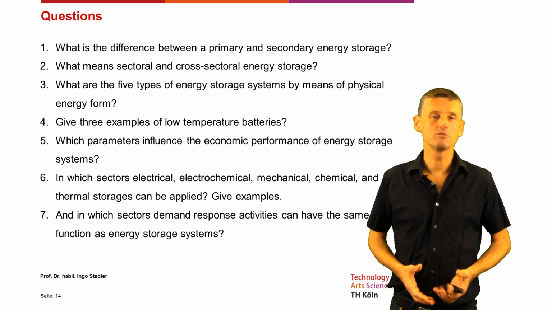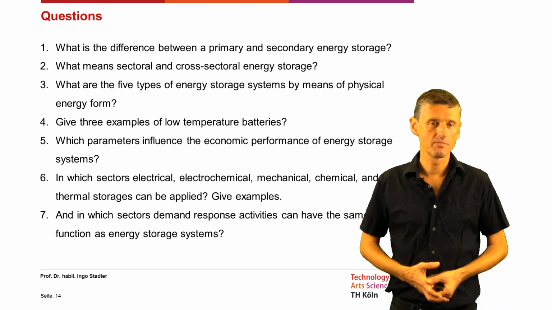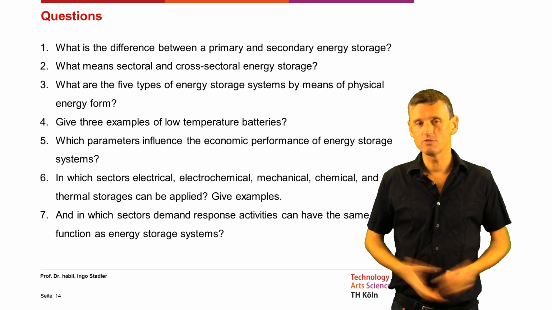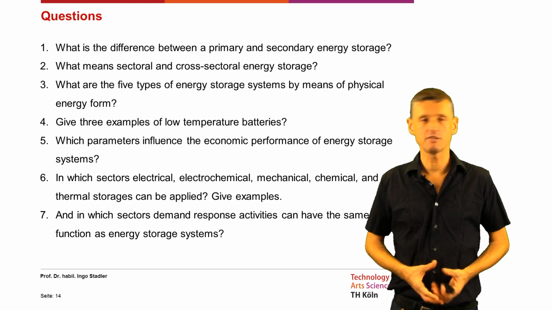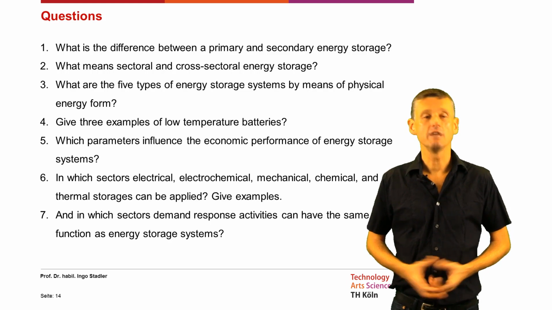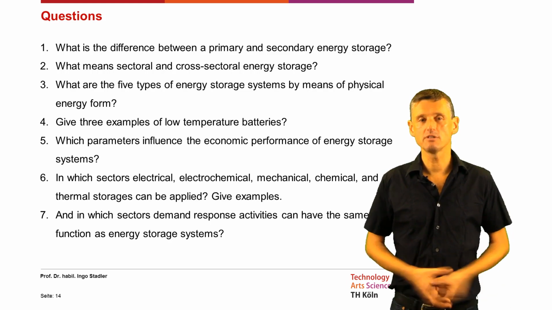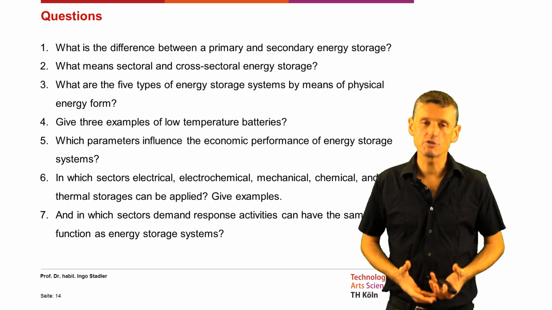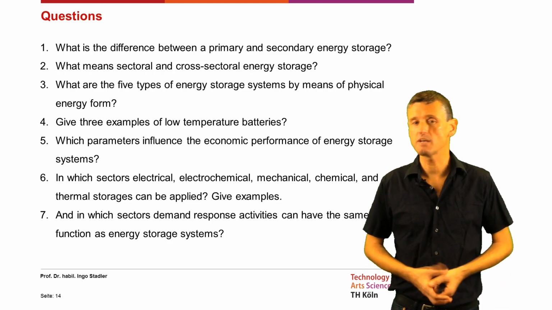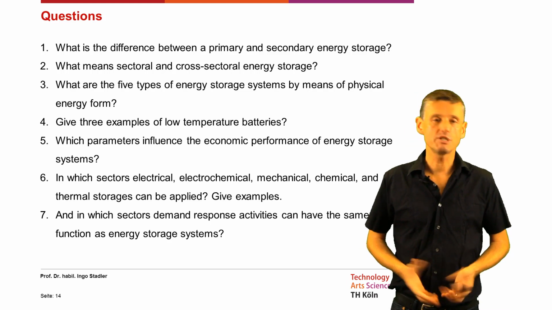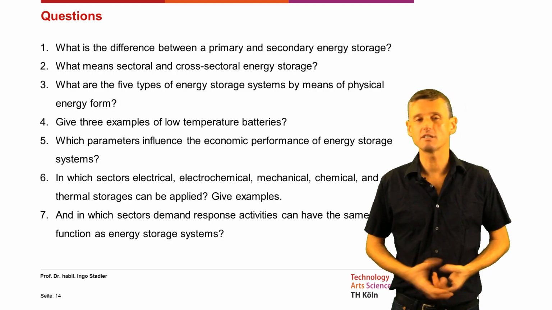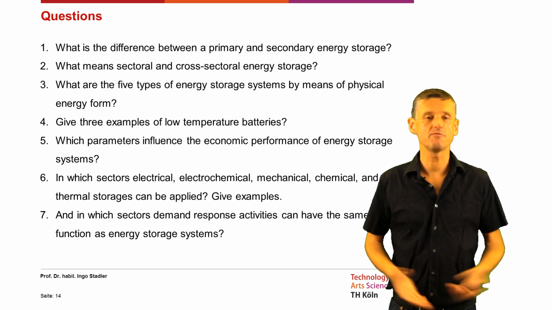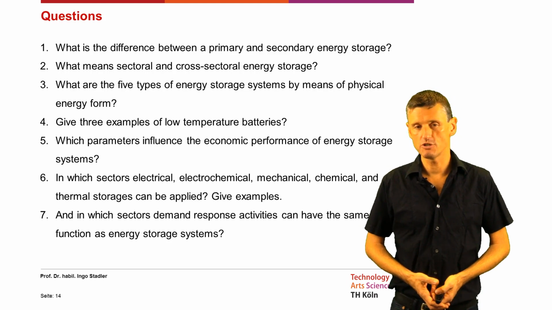Give 3 examples of low temperature batteries. Which parameters influence the economic performance of energy storage systems? In which sectors can electrical, electrochemical, mechanical, chemical and thermal storages be applied? Give examples. And in which sectors can demand response activities have the same function as energy storage systems?